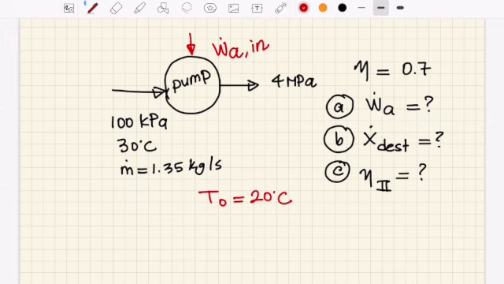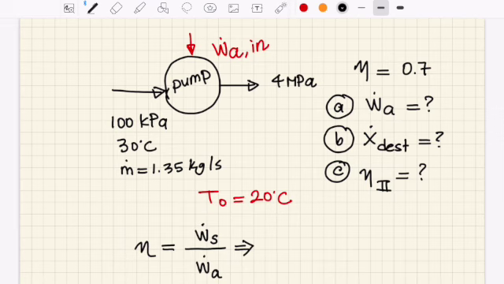So the isentropic efficiency equation for a pump or a compressor is, we have isentropic power in the numerator and actual power in the denominator, because the actual power input is bigger than in the isentropic case.